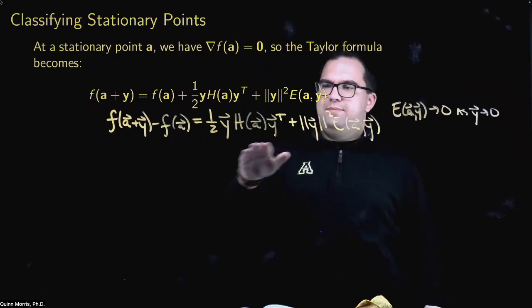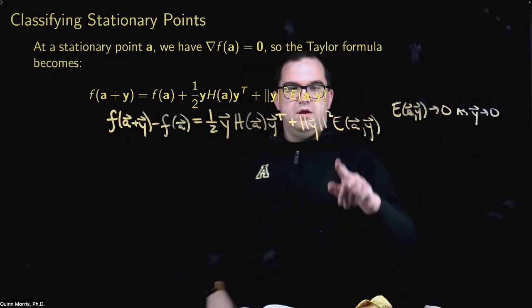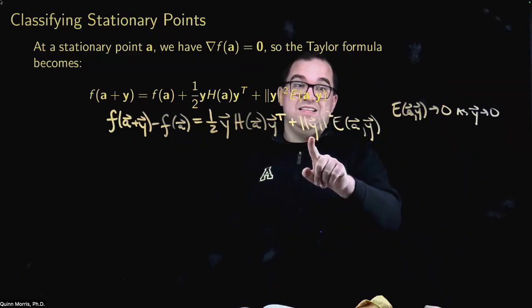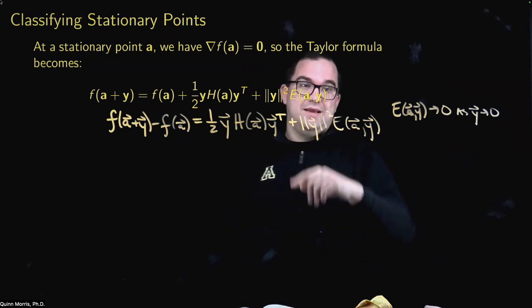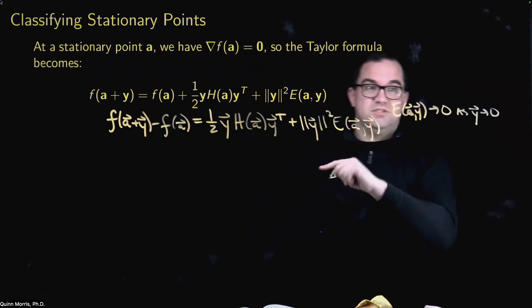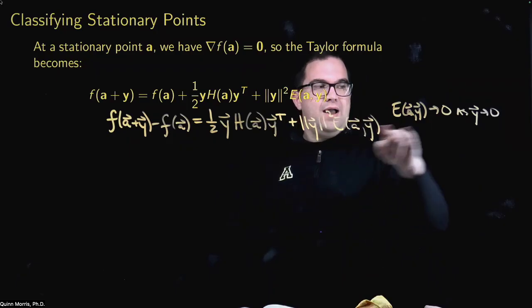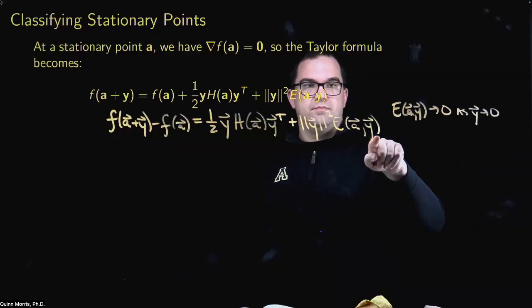Now, with the norm of y being small, I don't really know what that implies here. But I know here, if the norm of y is small, let's say it's less than 1, then this quantity is going to be even smaller, right? Take a number less than 1, square it, you get an even smaller number. So this number is going to be small. And as the norm of y gets small, this quantity gets small.